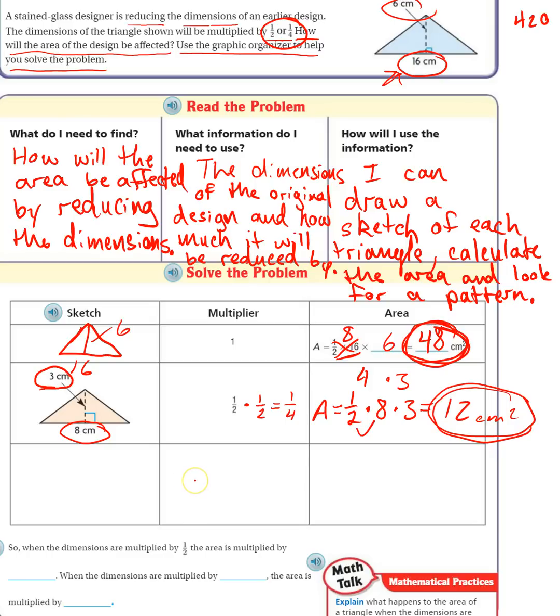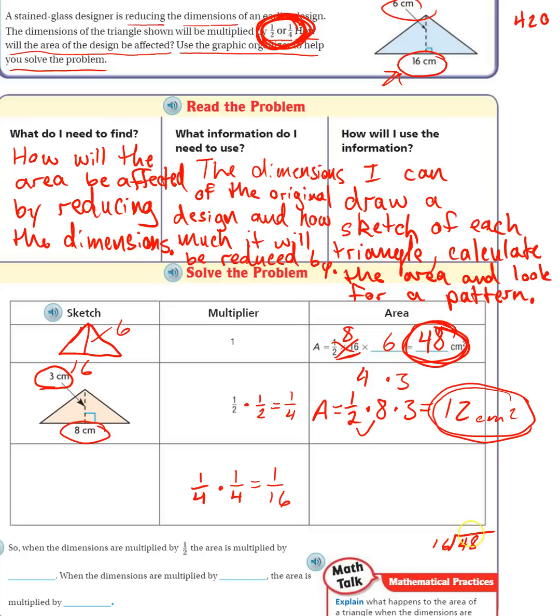Okay, so I'm going to do something here. Our next multiplier, because he wanted to check 1/4 and 1/2. So 1/4, and if we follow the same pattern where we multiply it by itself, and we get 1/16, that would mean we would have to take the original area, 48, divide it by 16 to see what the new area would be of this even smaller triangle.